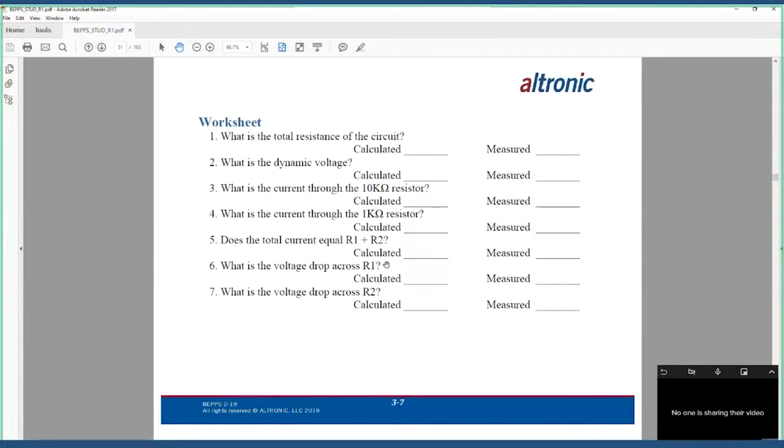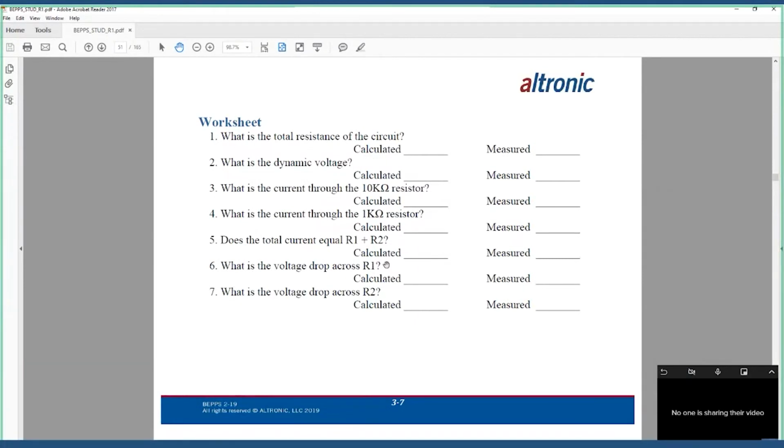So we calculated what our current through resistor 1 and resistor 2 should be. In one case we have a 10,000 ohm resistor, in the other a 1,000 ohm resistor, and we're thinking we're not going to have the right number. But then we take our total circuit resistance, which was 909, and use virtually the same formula.